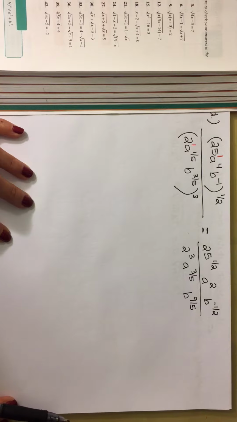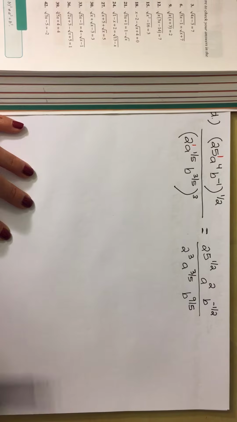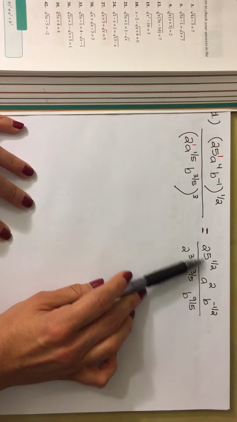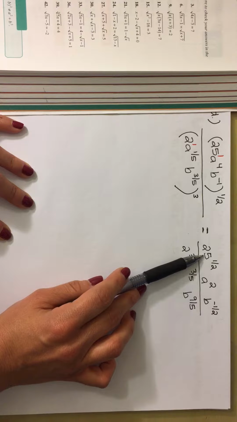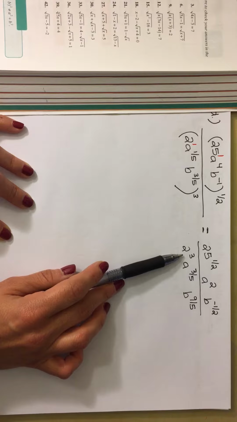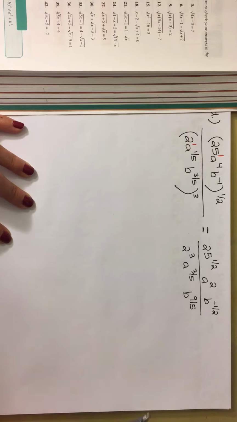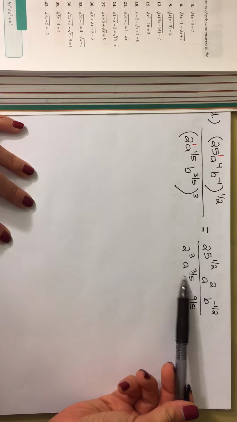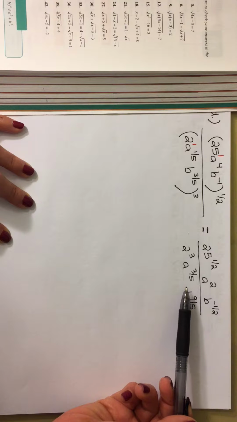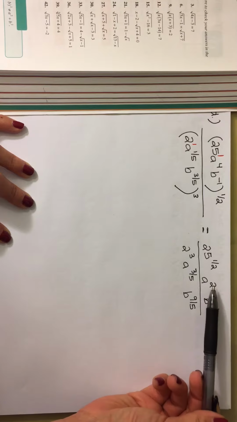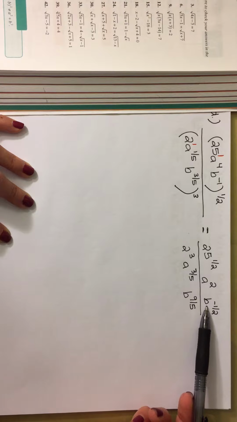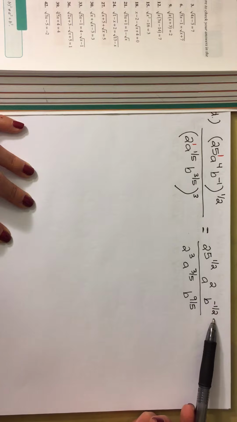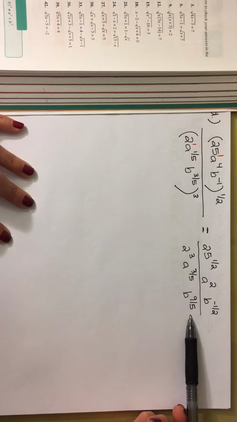All right, what we did earlier, just a few minutes ago, 25 to the 1/2 power is equivalent to square root of 25. So I could calculate that. 2 to the 3rd we could calculate. And then for A, since we have the same base, we're going to use the quotient rule and subtract our exponents. The same thing applies for B. Since we have the same base, we would subtract these two exponents.